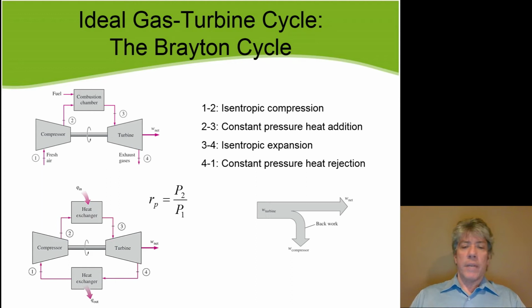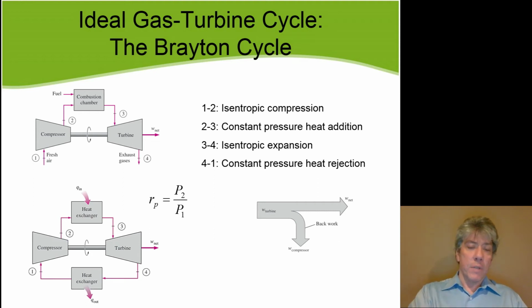So the pressure coming into the compressor is lower than the pressure coming out at the turbine, but we're going to neglect those because the pressure changes across the turbine and compressor, from state 1 to state 2 or 3 to 4, are so large we can neglect the changes from 2 to 3 and 1 to 4. So we call the heat addition and heat rejection processes, 2 to 3 and 4 to 1, constant pressure heat addition and heat rejection processes respectively.